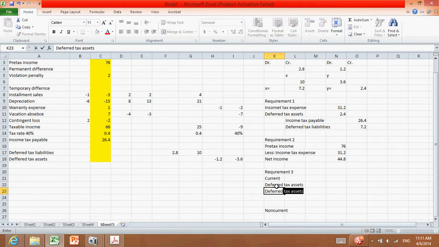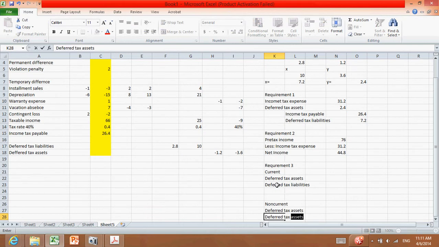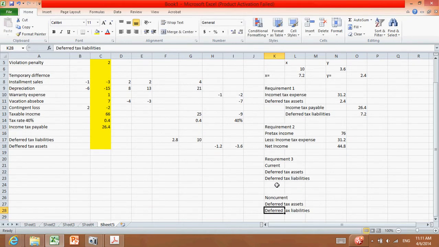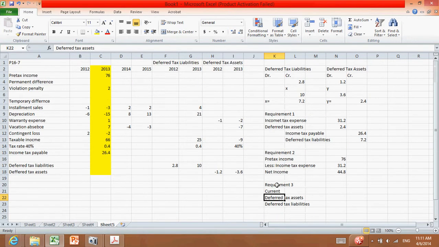For the deferred tax assets, for the current one, these are my assets, it's 2 and 7. 2 is warranty expense. I don't know when they will happen, 2014 or 15. But in general, warranty expense is a current concept.